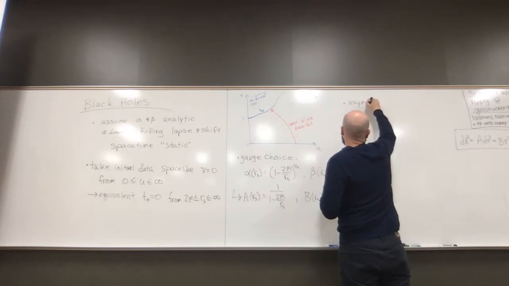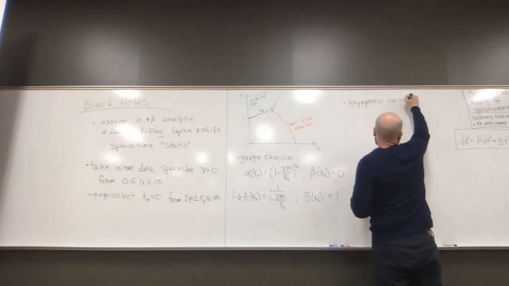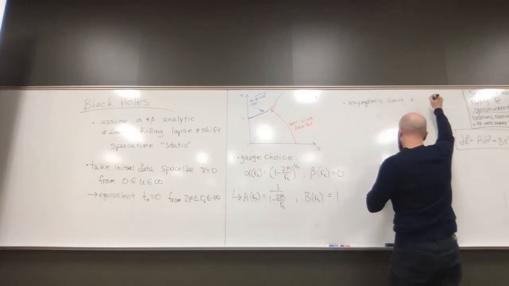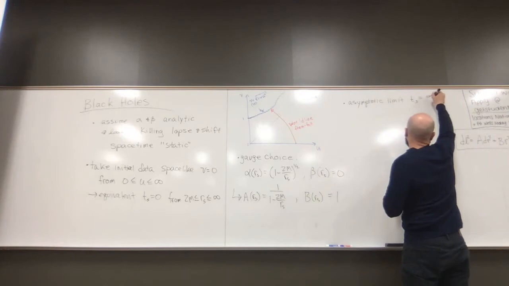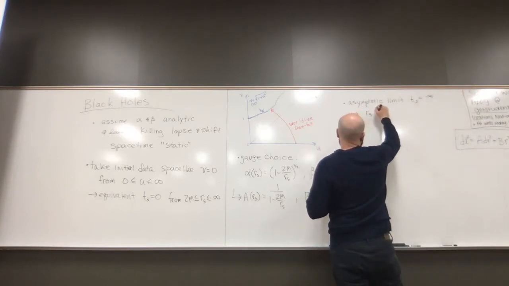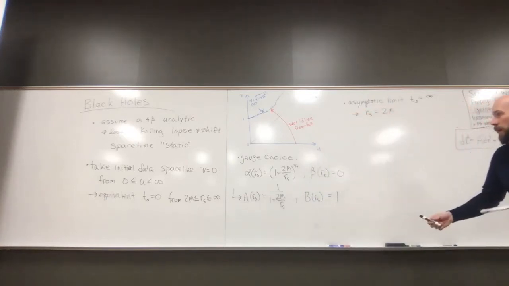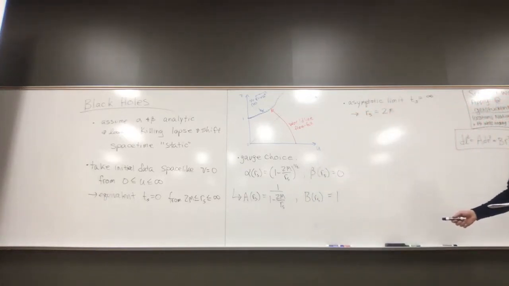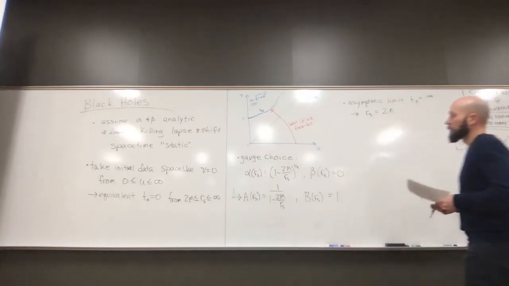Okay, so the asymptotic limit is reached. You can just look at those and see that the asymptotic limit, which in Schwarzschild time is when the Schwarzschild time approaches infinity, means that the Schwarzschild radius is 2m. So just looking at those coordinates, as the time goes to infinity, my radius goes to 2m, and the lapse goes to 0.